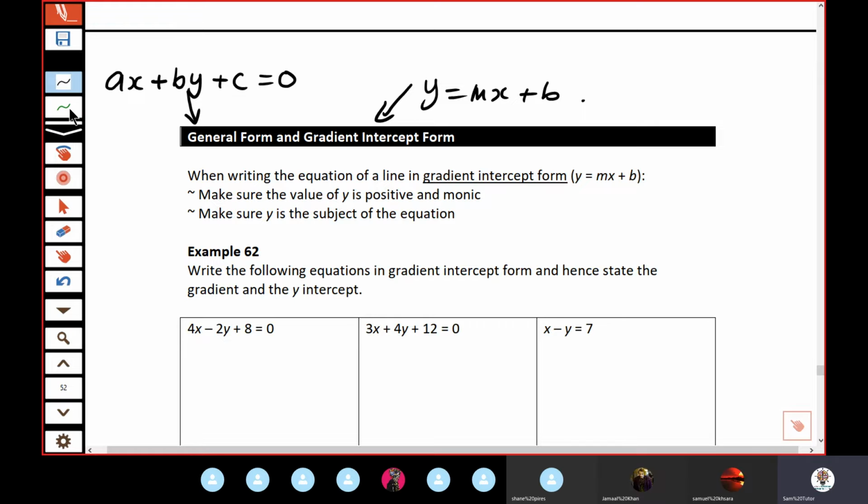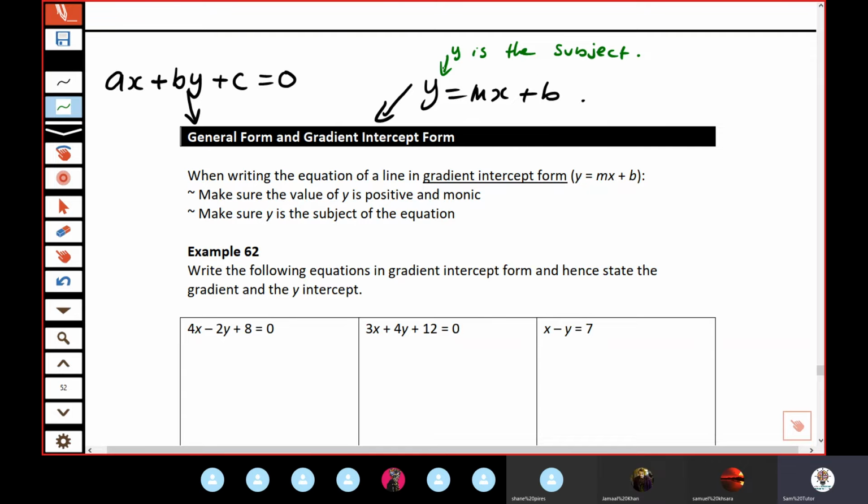Very important things to realize here. Gradient intercept form, you make y by itself, so let's call it y is the subject. Everything else is on the other side. That's the trick of knowing what to do with gradient intercept form. Y is the subject, so y is by itself on one side, everything else is on the other side.